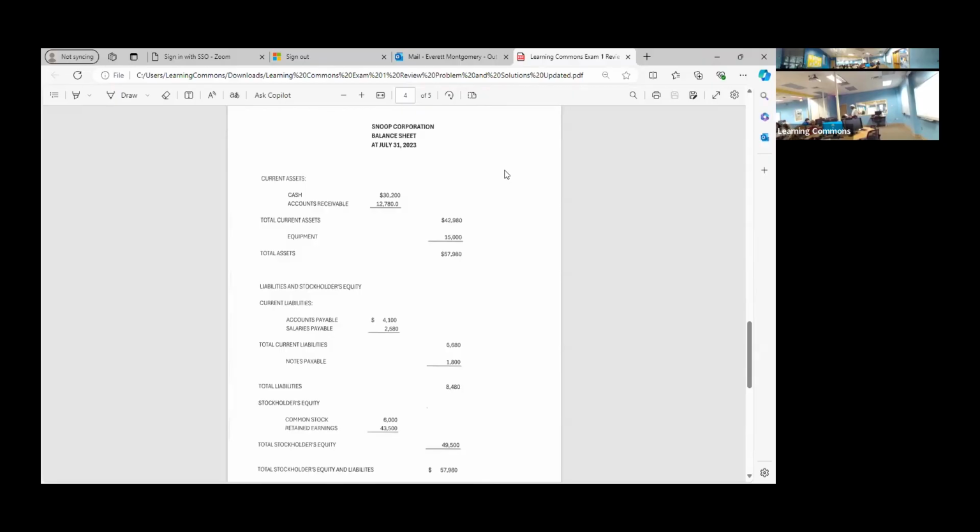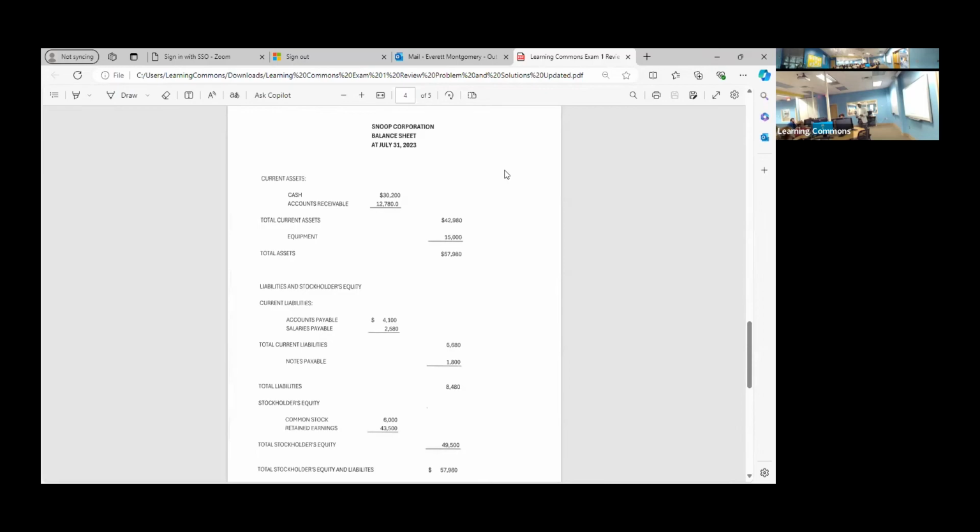Yes, equipment should be in there. Equipment is a non-current asset. If there were prepaid expenses, that's an asset. If it goes in order of liquidity, would that go under accounts receivable?